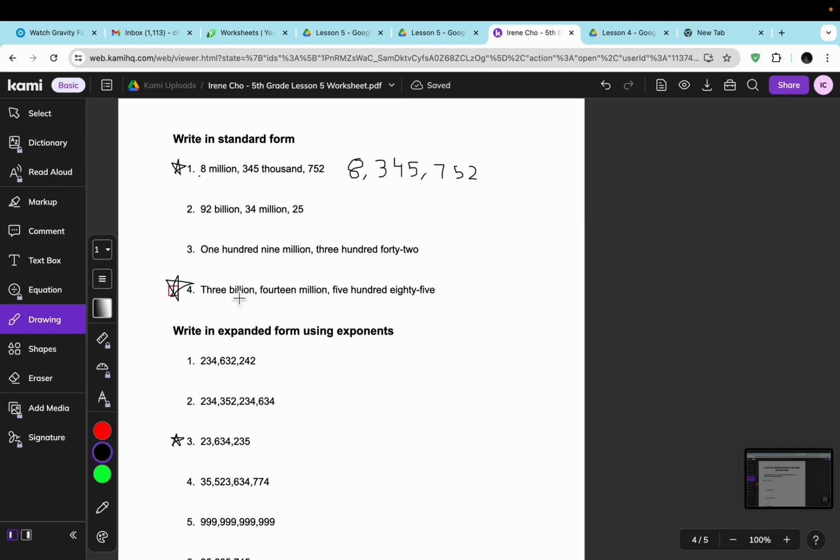I'll do another one. This one's 3,014,585. We start off with the 3 and then a comma. And then since 14 is in the tens digit and there's nothing in the 100 million, we just put a 0 and then 14, comma and then 500, and then since 85 is in the tens, it would be 85.